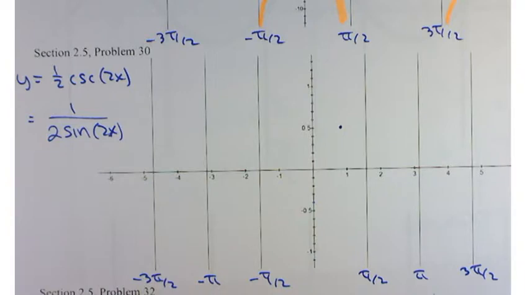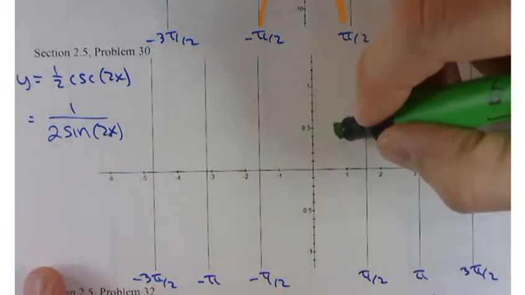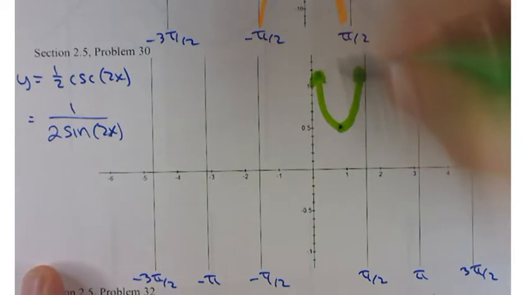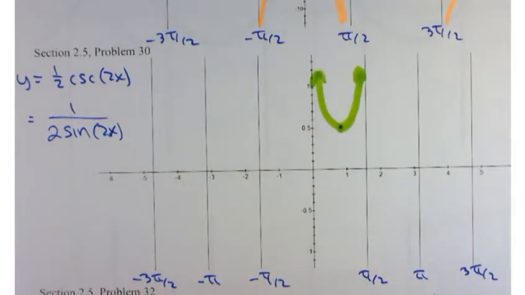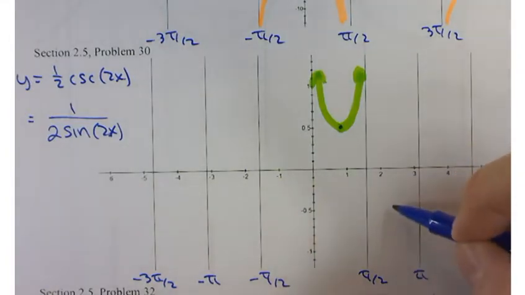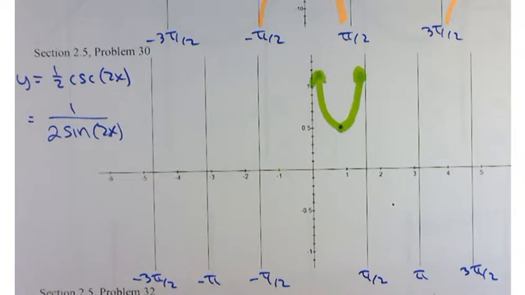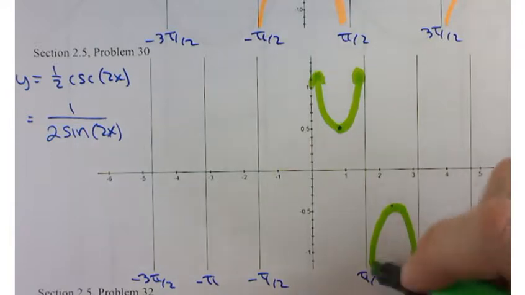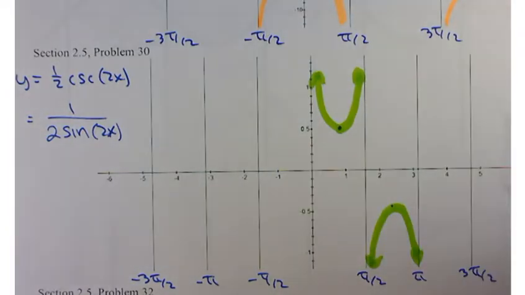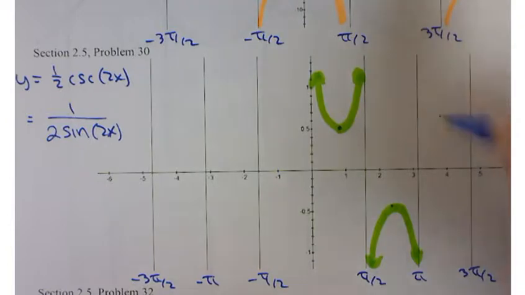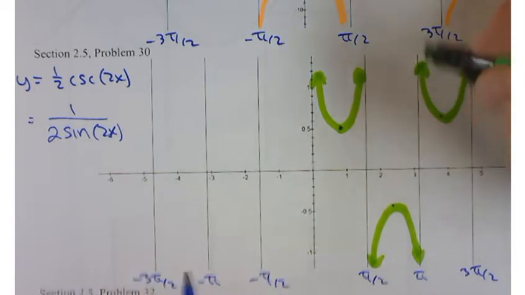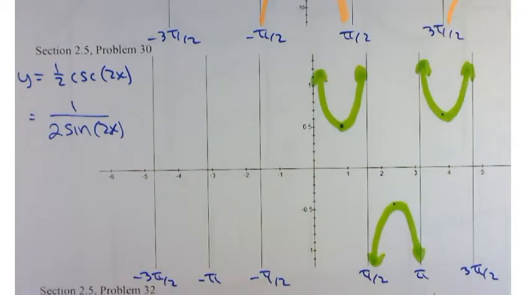And then from here, it's just a matter of drawing these nice little almost parabola shapes. They're going to alternate, facing up and facing down. So the next one is going to face down, and so on. We'll just draw one, maybe two more. But once you have where these asymptotes are, you pretty much got the graph.